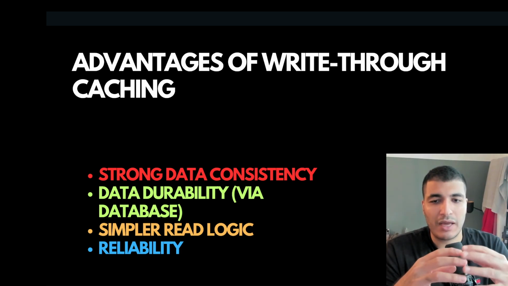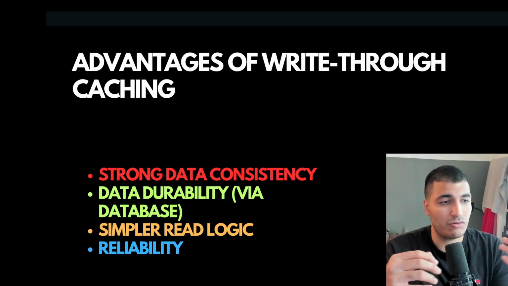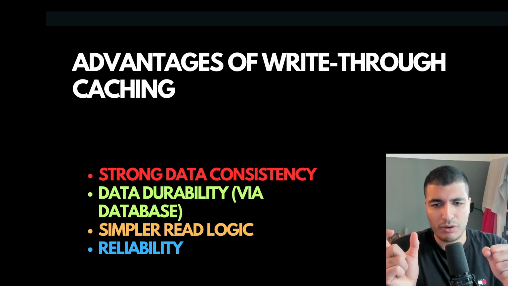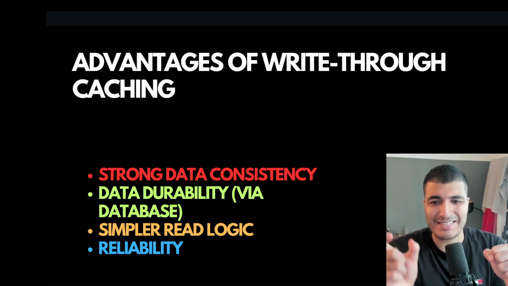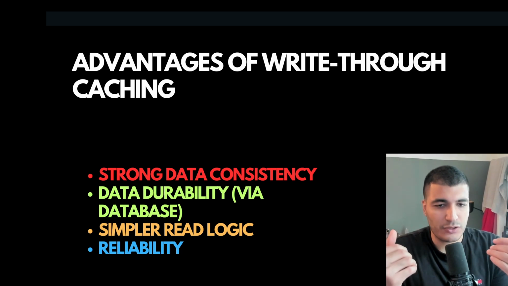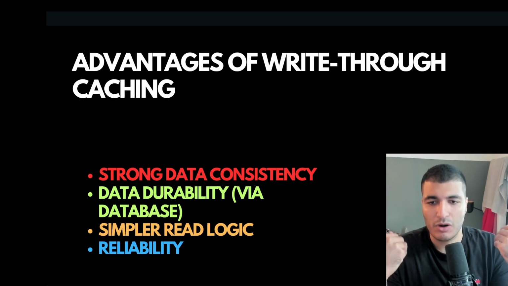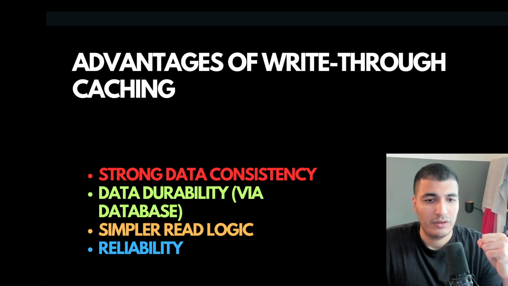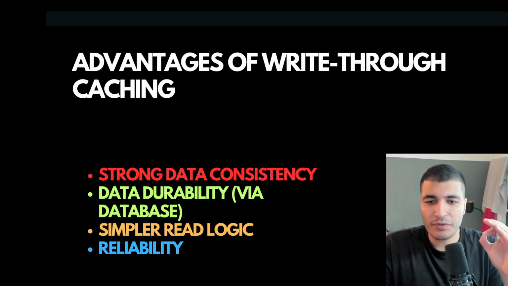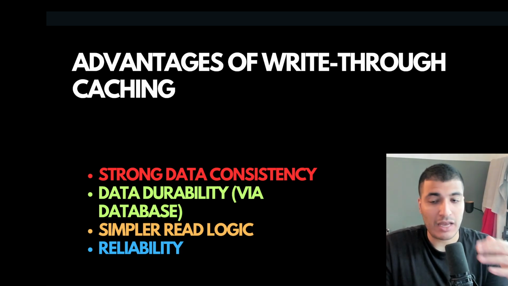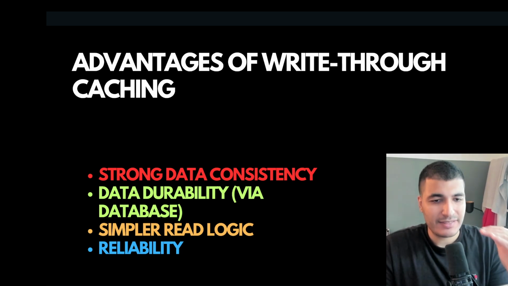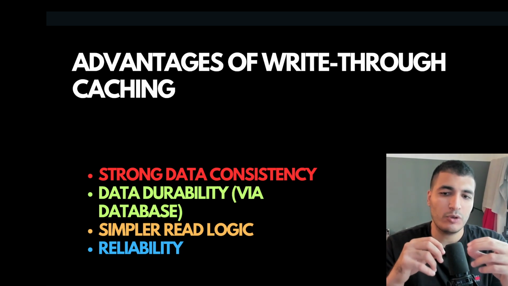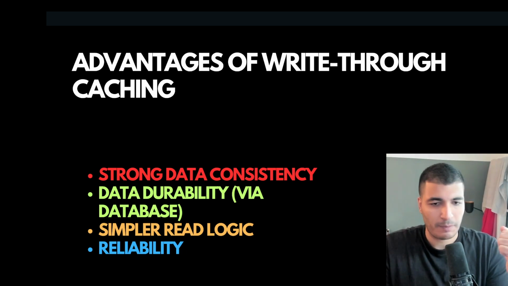When paired with a cache that reads data, like read-through cache or even cache-aside, the read logic can be confident that if data is in the cache, it's likely up to date, assuming no other processes are modifying the database directly without updating the cache. Lastly, reliability. Applications can rely on the fact that once a write is acknowledged, the data is safely stored in the persistent database and is also available for fast reads from the cache.